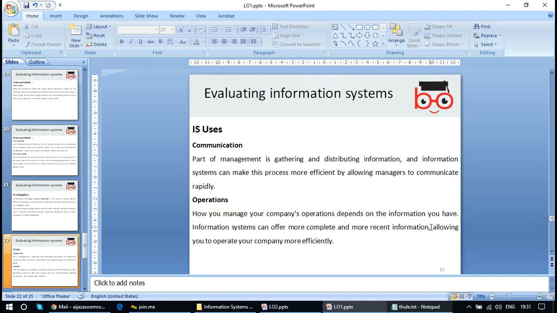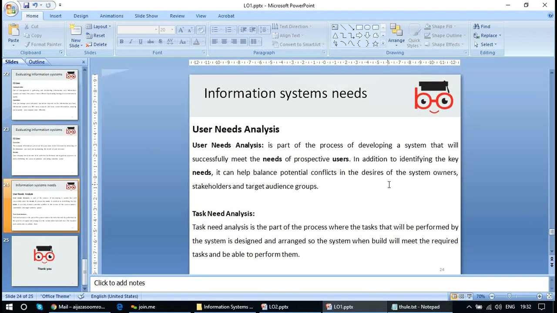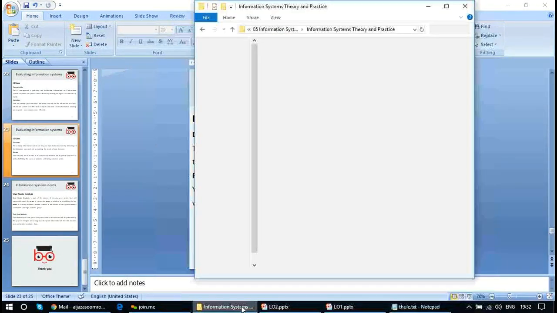And next is for the operations, any operations of the company. Operation management would be used by the information system, and decisions, record keeping. So these are the uses of information systems basically.